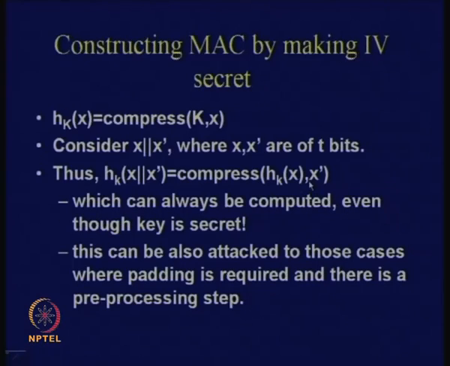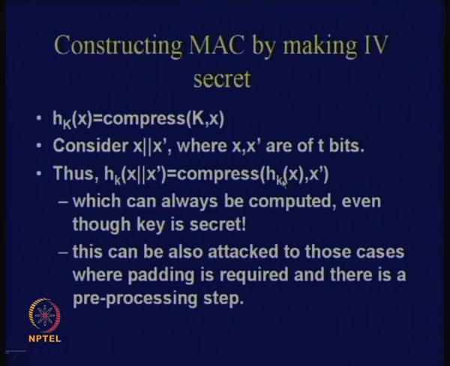How do you compute this MAC value? You first take x, prepend it with the k value and apply the compress function, and from there you obtain h(k||x). Then you take the next value x dash and apply the compress function again.